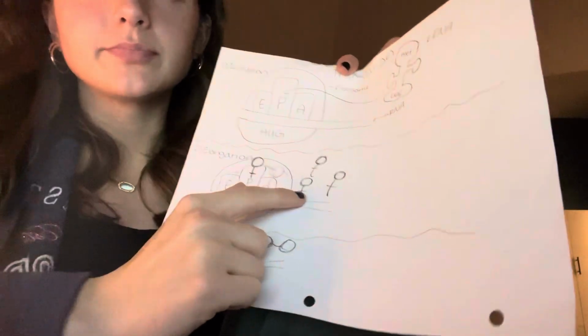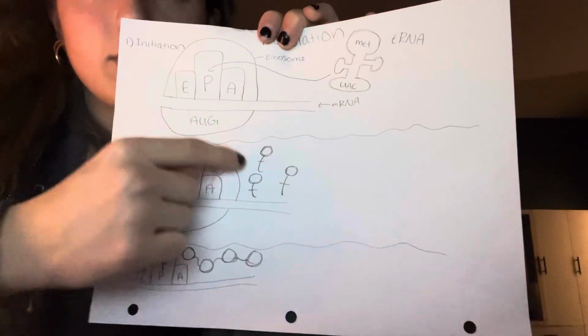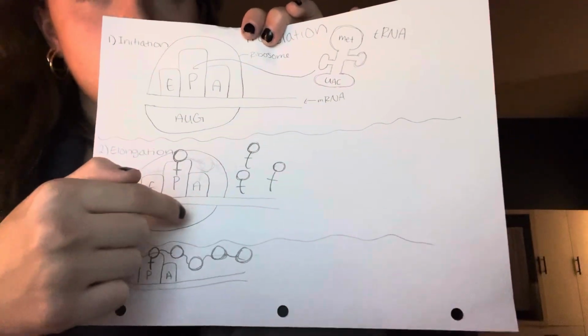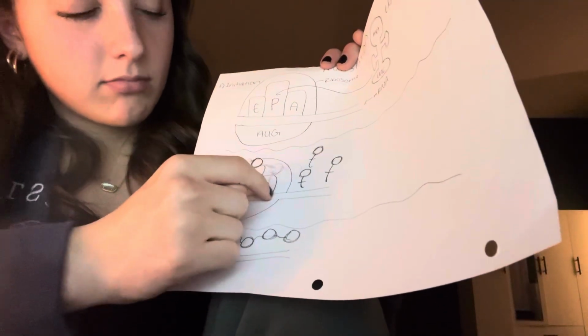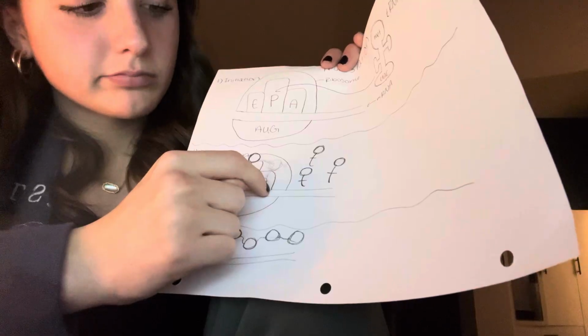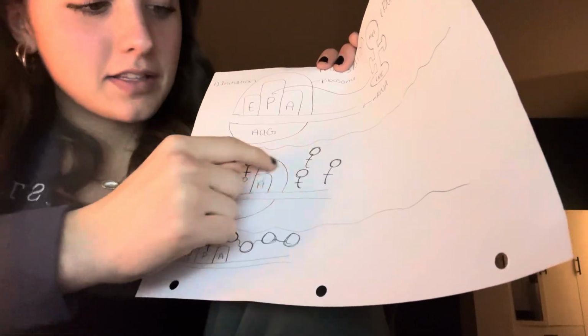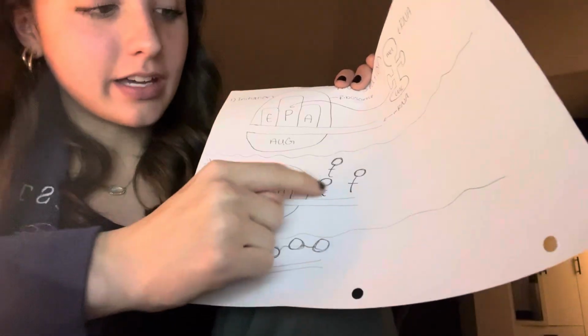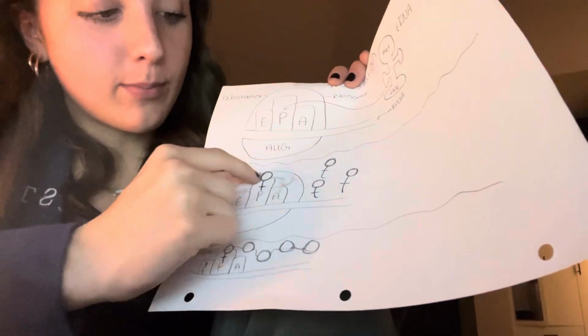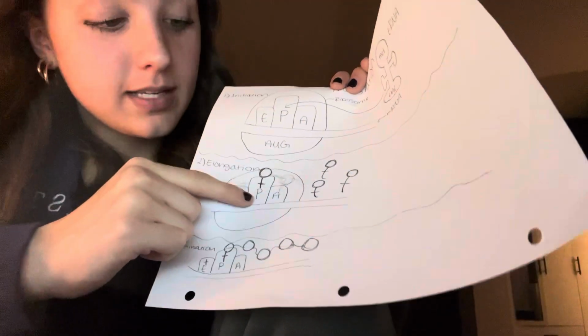A charged tRNA whose anticodon matches the mRNA codon enters the A site next. Another one is going to enter the A site right next to the P site, and its amino acid is going to form a bond with the amino acid on the P site.